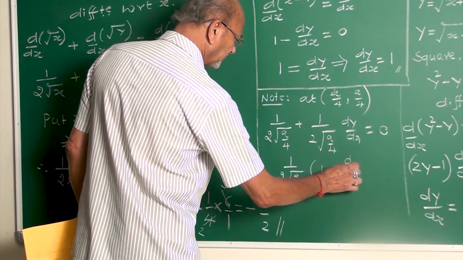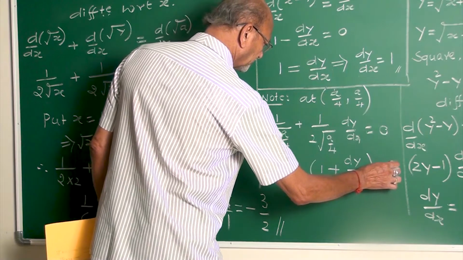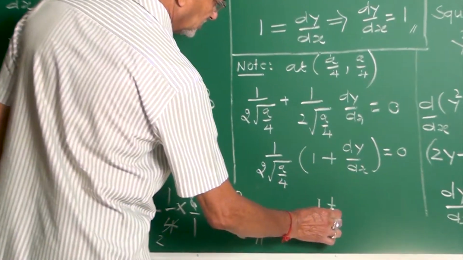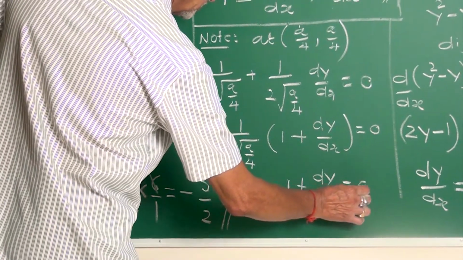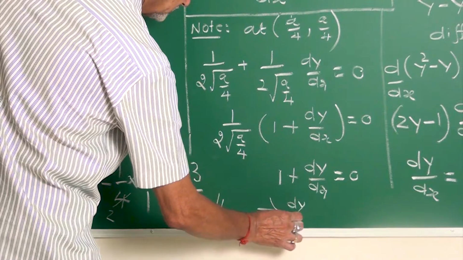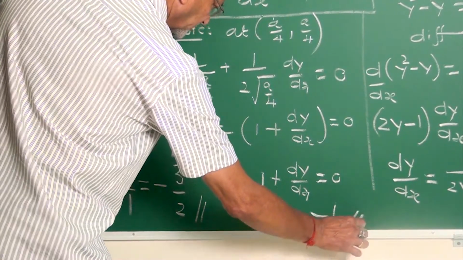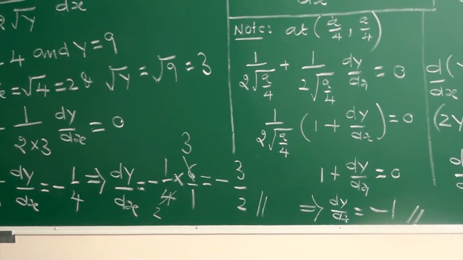You are left here dy by dx is 0. This being a constant, taking that side, we get 1 plus dy by dx is 0. Therefore, the value of dy by dx, what is it, my friend? Minus 1 in this case.